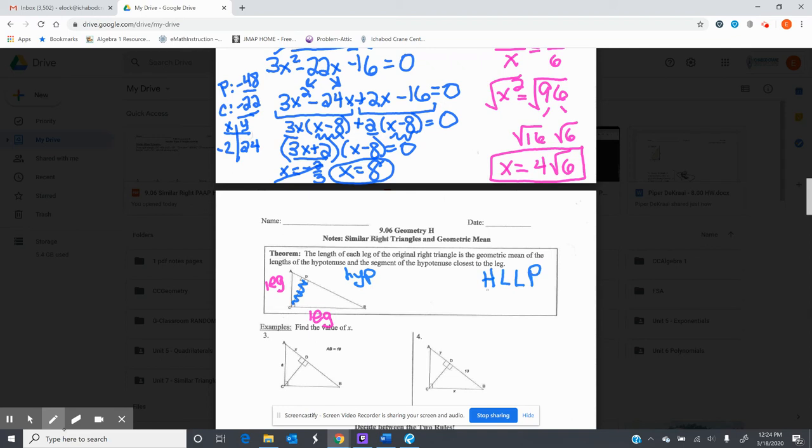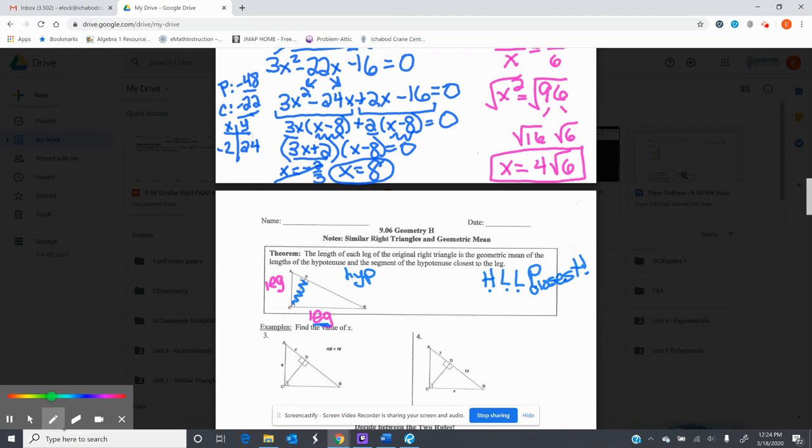So again, H stands for hypotenuse, is to the leg is to the part closest. So I'm going to write closest down here to help out, because this could be used for either leg. So the leg CB, if we had something next to that, or leg AC. So again, your big triangle has three pieces, the two legs and the hypotenuse.